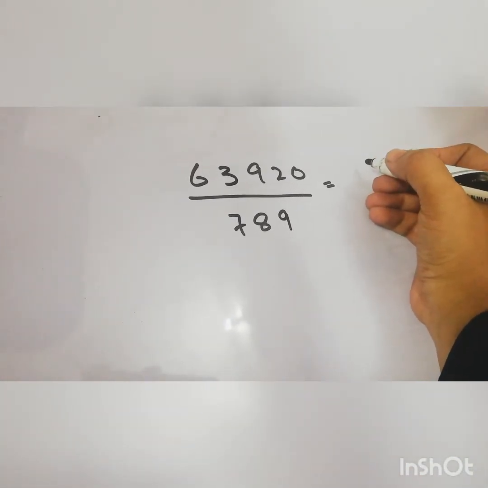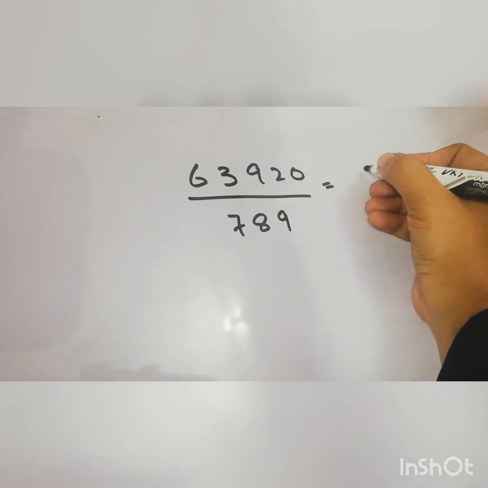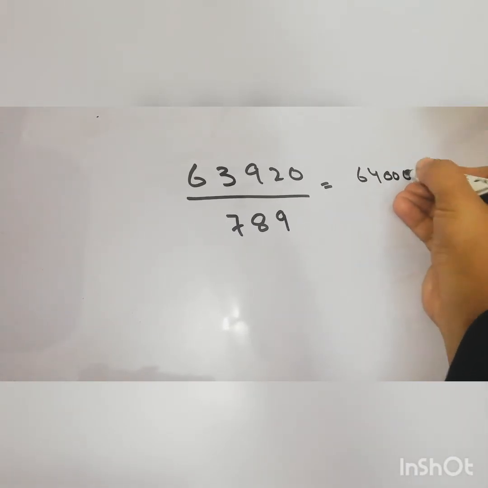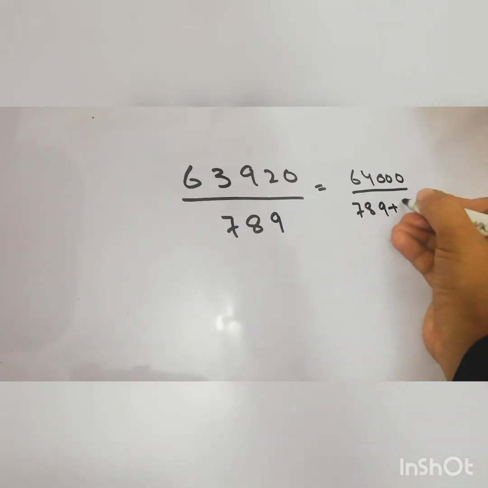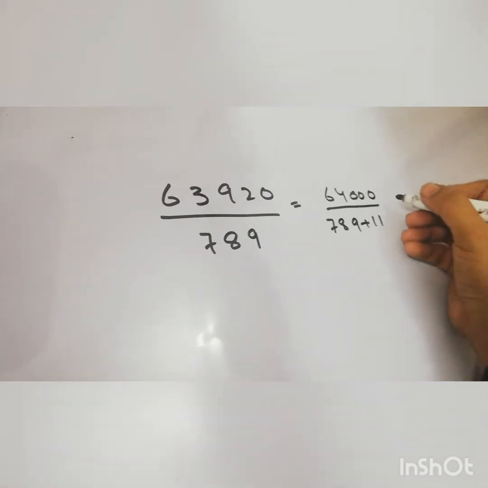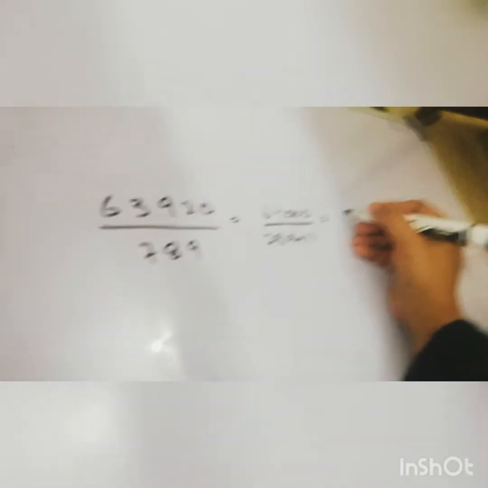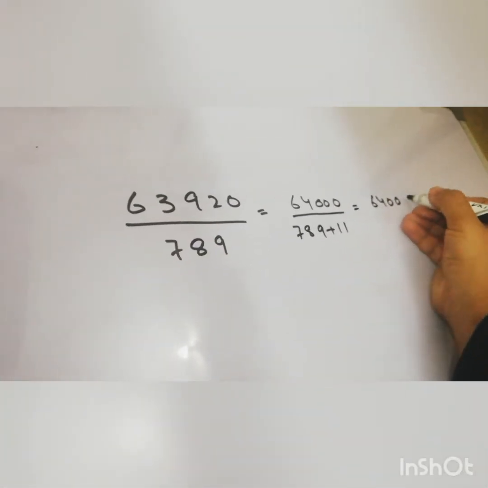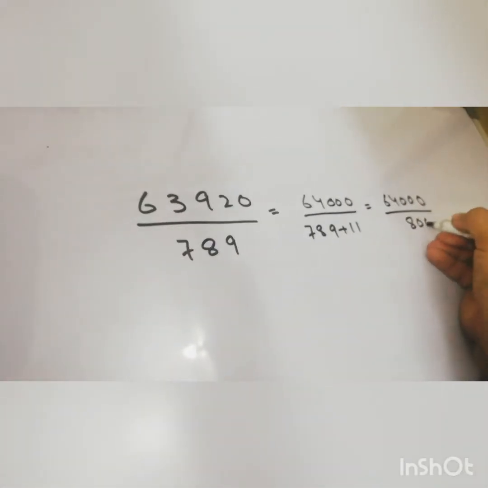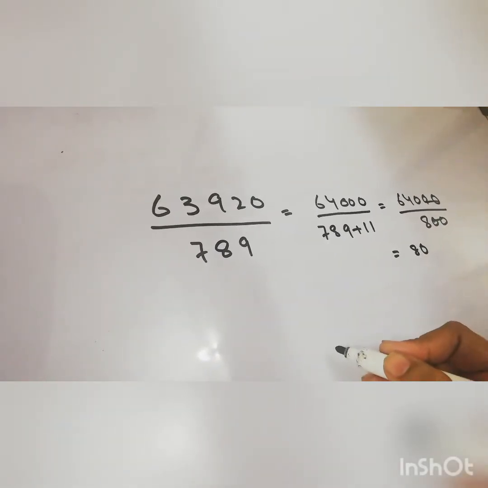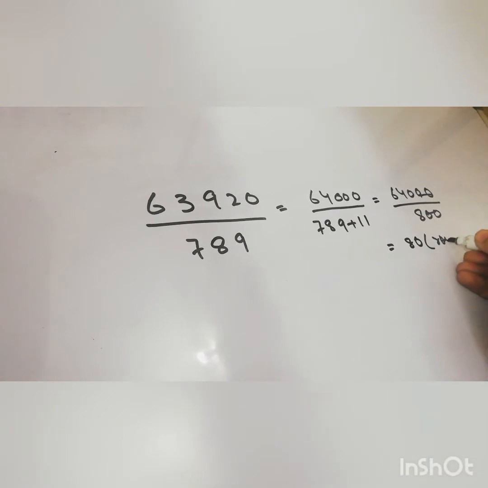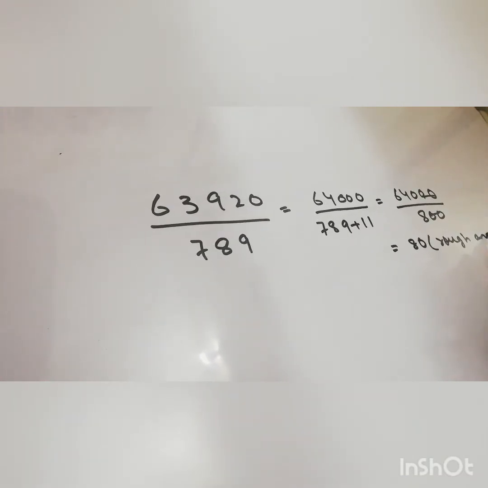So it will become 64,000, and 789 needs 11 more to round off to its nearest 100, which will be 800. So 64,000 divided by 800 will be equal to 80. It is my rough answer or estimated answer.